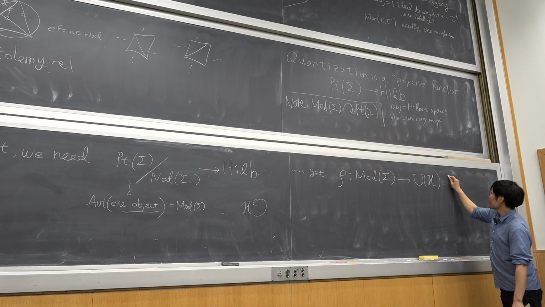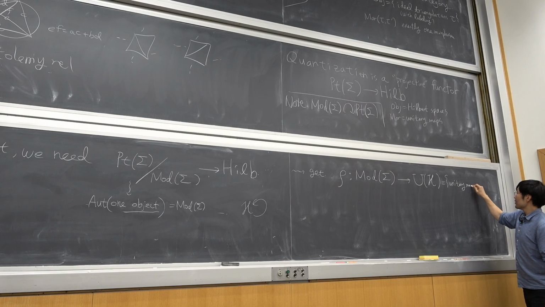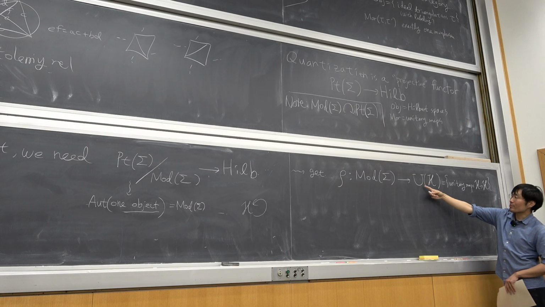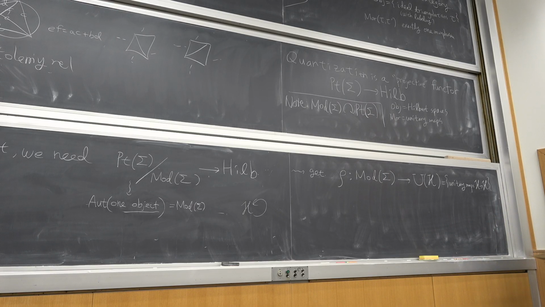By U of H, I mean the unitary maps. In the usual definition of a representation of a group, here you would see GL, but I'm dealing with unitary maps for Hilbert spaces.